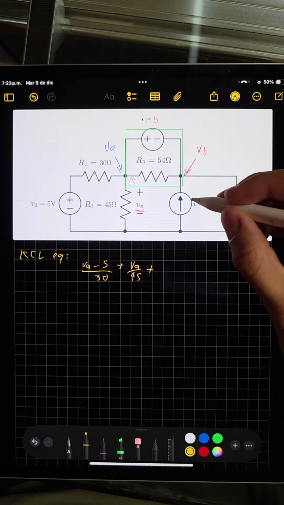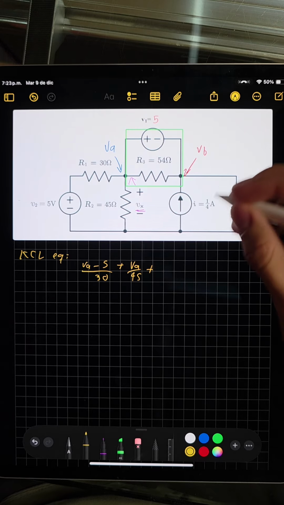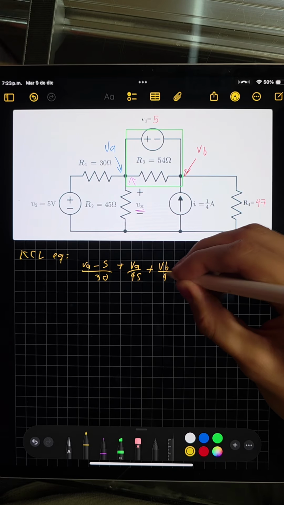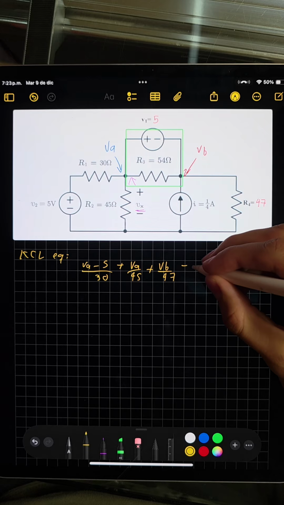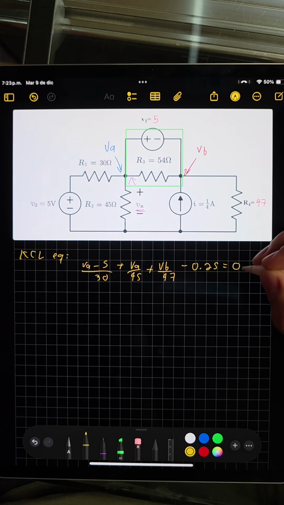Those are all the items interacting with node A. Then we go to node B, and it's going to be just voltage B over 47 minus the current that is entering, 0.25, equal to 0.